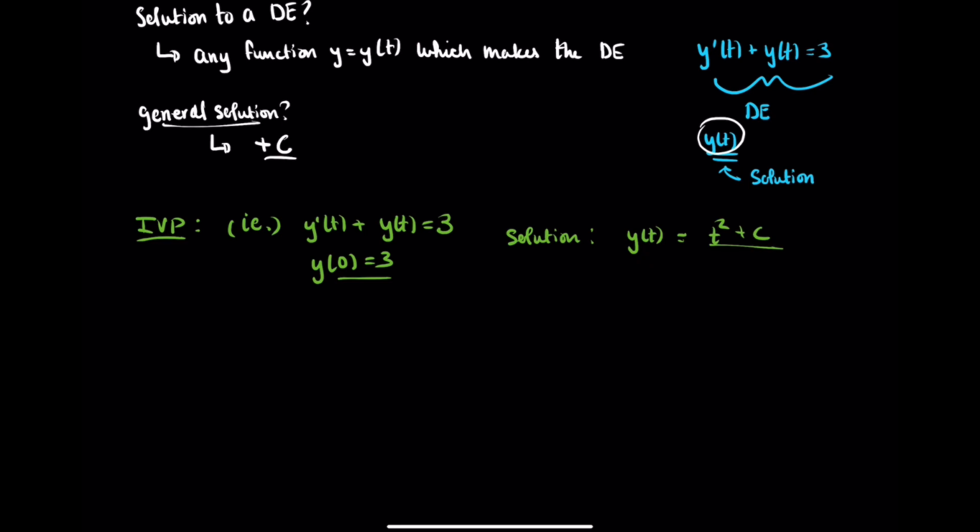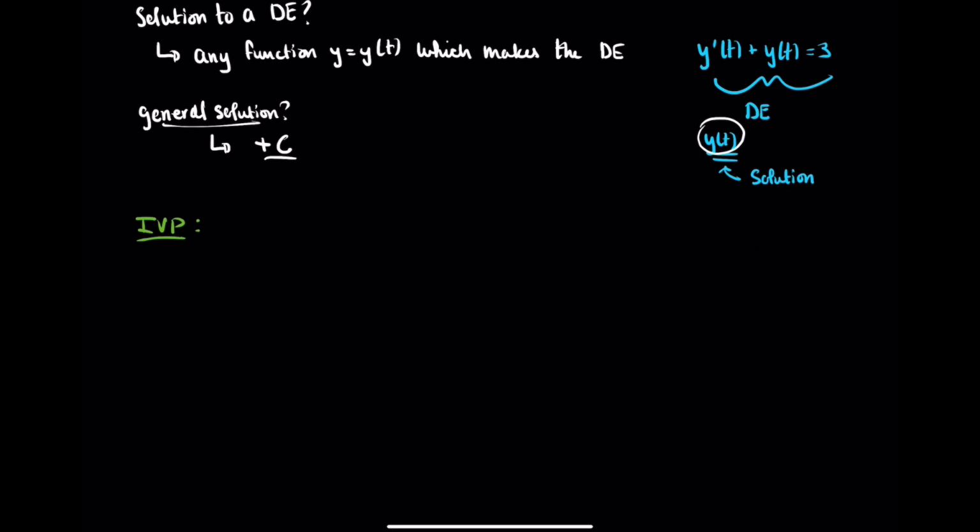Okay? So if you want a formal definition, let me give you a nice one. A formal definition of an initial value problem is, I should probably write this out. An initial value problem is a differential equation together with one or more conditions that hold at fixed points.